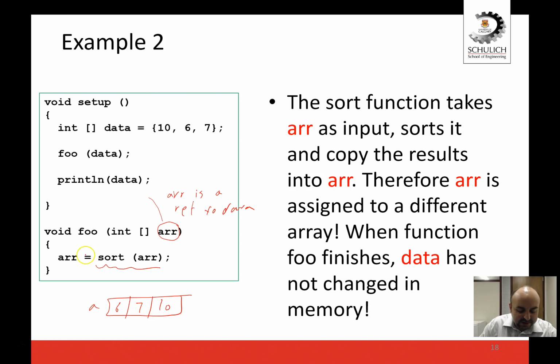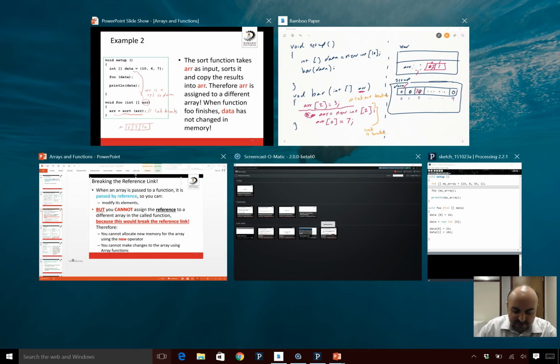But what happens is the output of this is going to be stored in R. So R is no longer linked to data, right? So here the reference link breaks because we are copying the output of sort into array. So that should be clear for everybody.